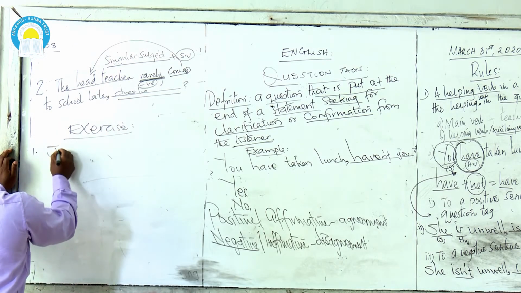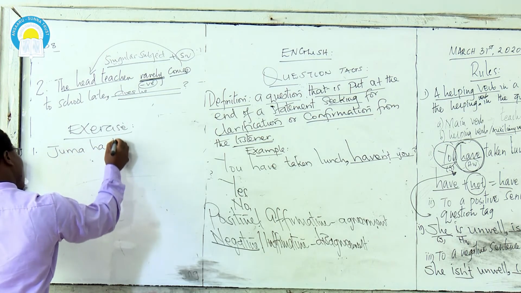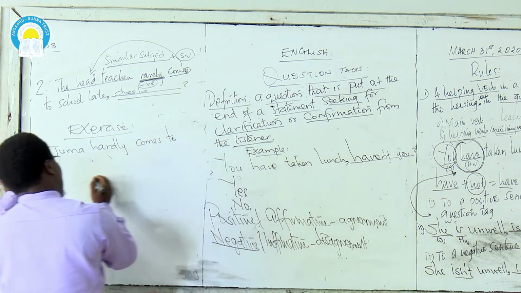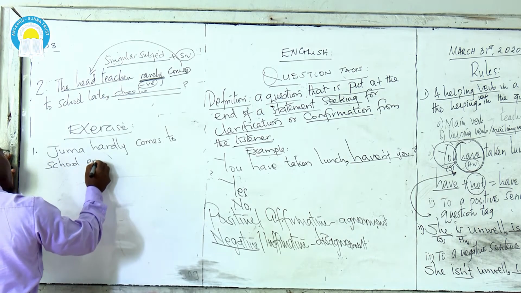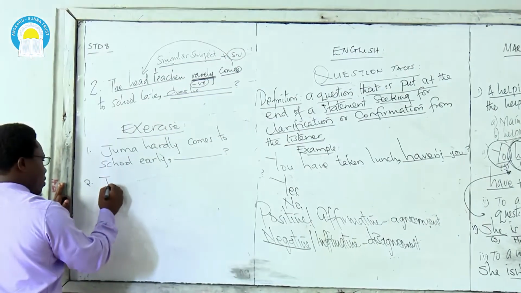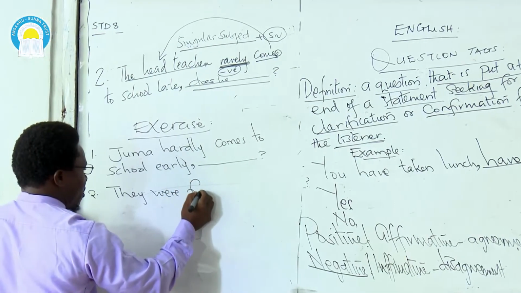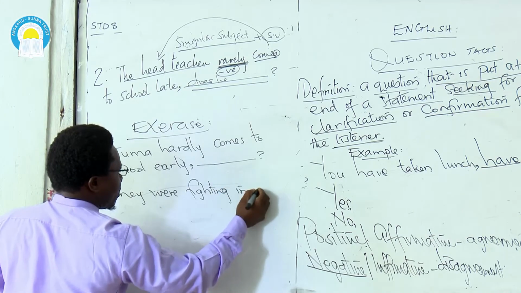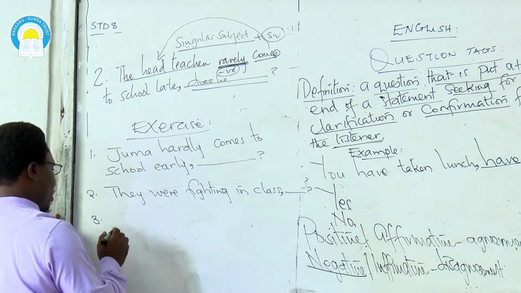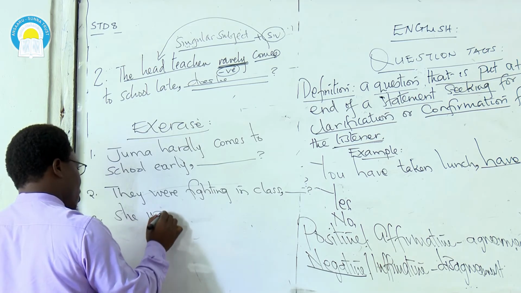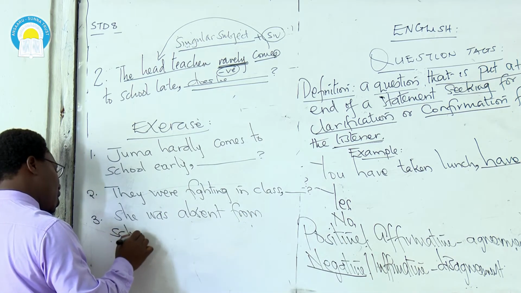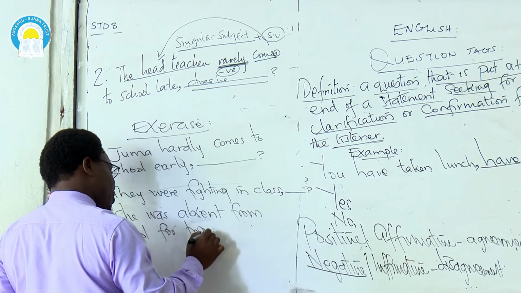Number 1, Juma hardly comes to school early. 2, they were fighting in class. 3, she was absent from school for 2 weeks.